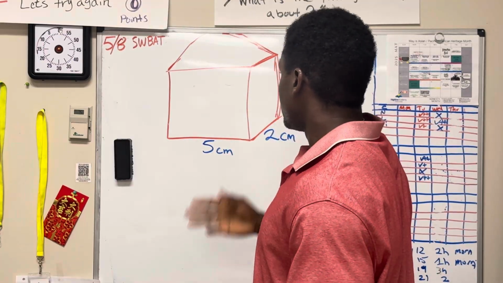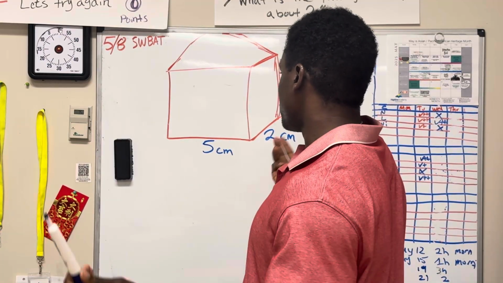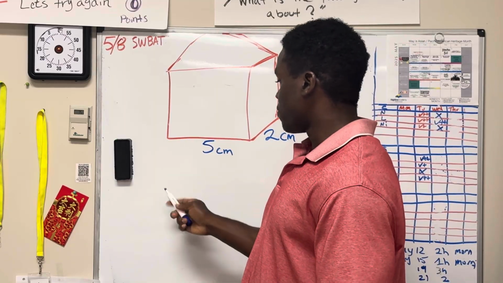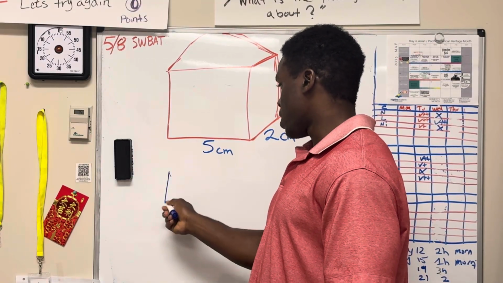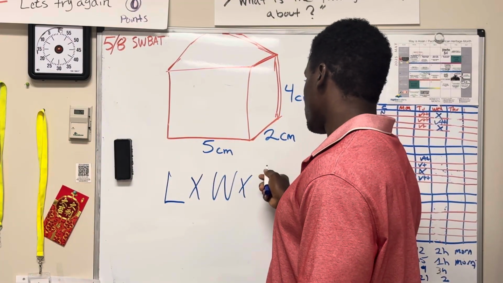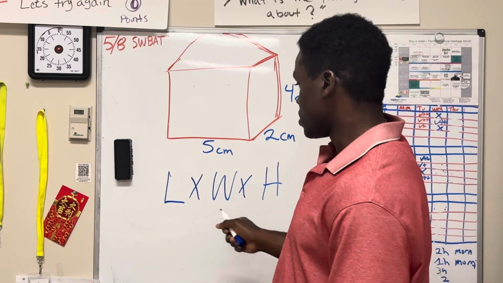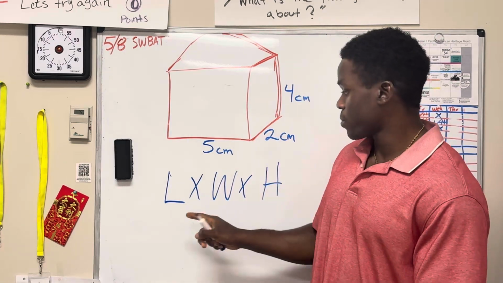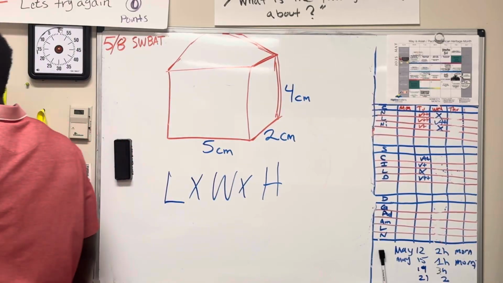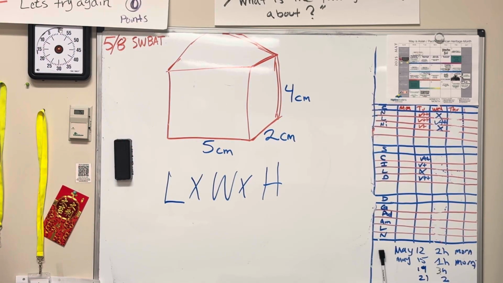And with these types of shapes, rectangular prisms, any types of prisms, the formula will be length times width times height.